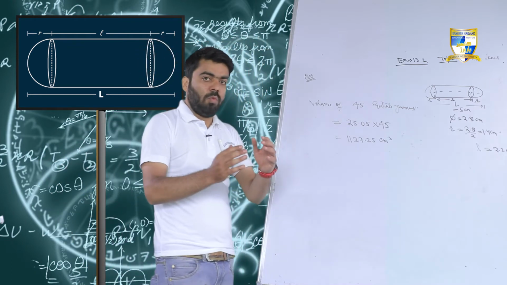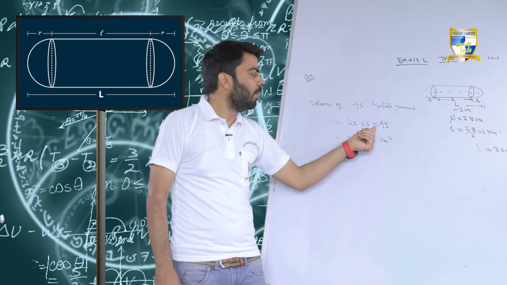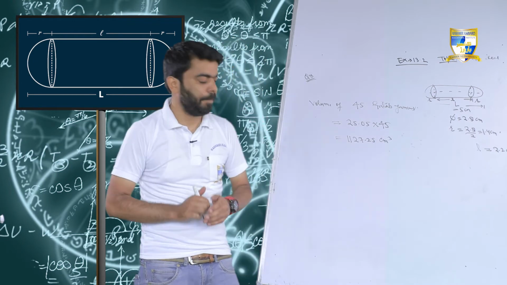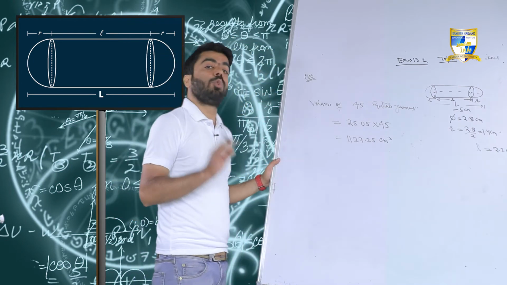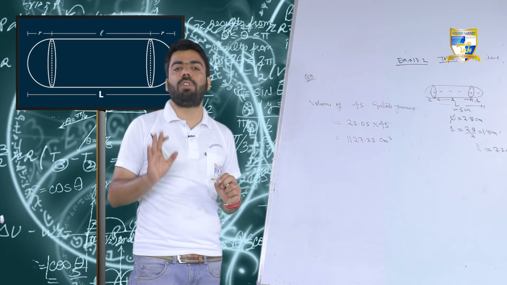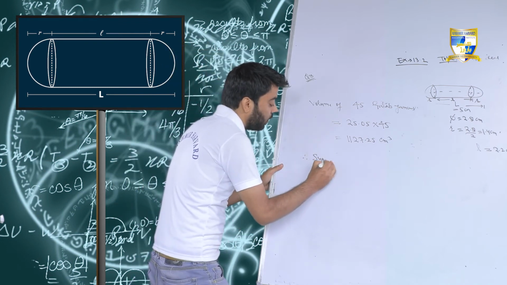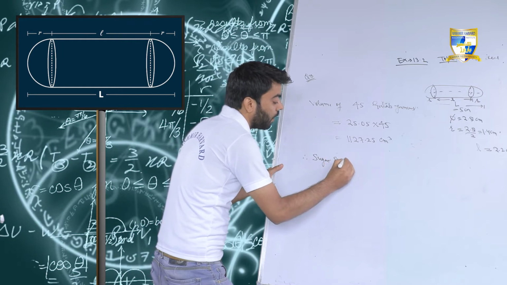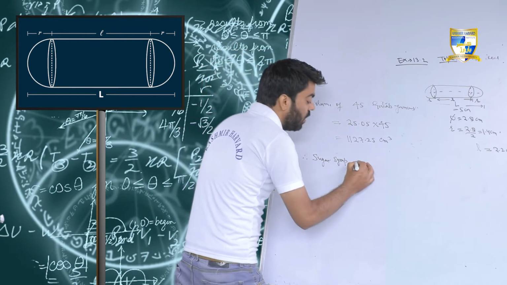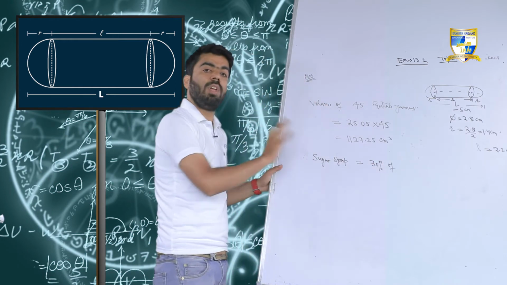So the volume of the 45 gulab jamuns will be equivalent to 25.05 multiplied by 45. That's the volume of the 45 gulab jamuns. Simple. But as per the question, the sugar syrup is 30% of the total volume. Therefore, sugar syrup of 45 gulab jamuns is equal to 30% of the total volume of the 45 gulab jamuns.